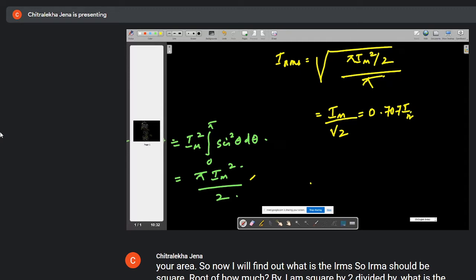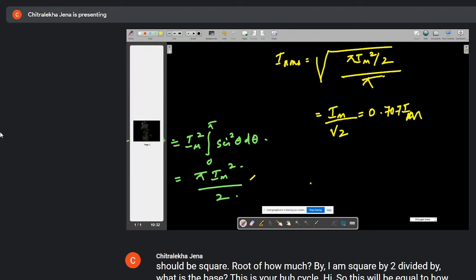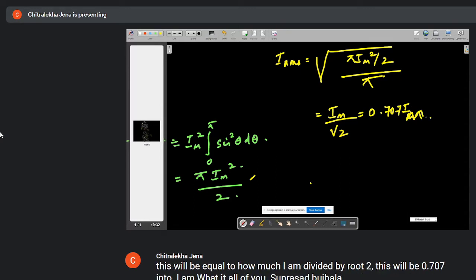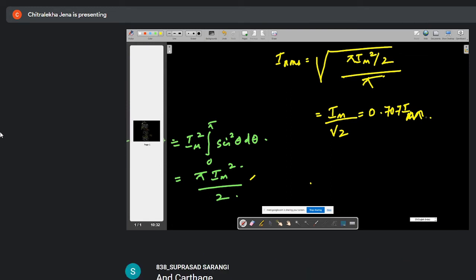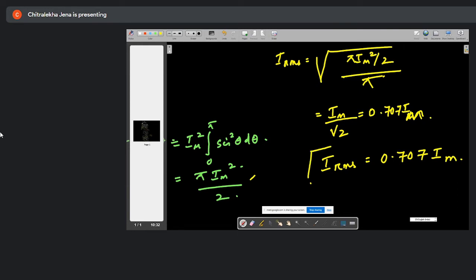Suprasad, understood? Yes, ma'am. So IRMS will be equal to 0.707 into Im. This is your answer. Got it, all of you?